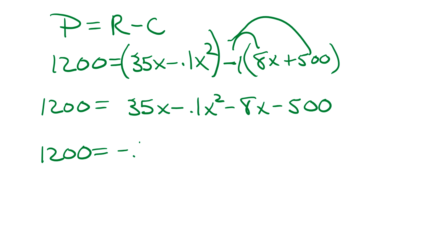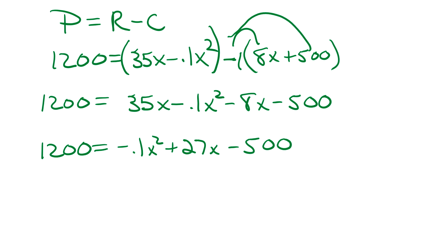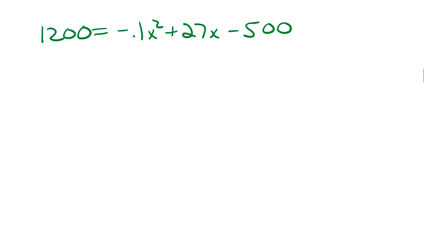Negative 0.1x squared. And then 35 minus 8 is going to be 27, so that's plus 27x minus 500. And this is my quadratic equation thus far. We're getting there.